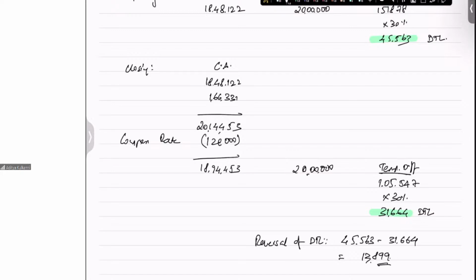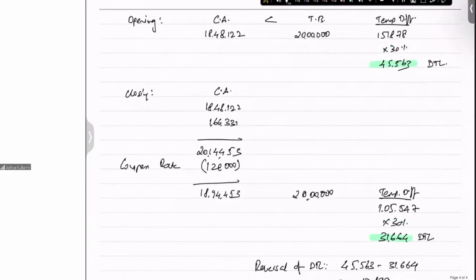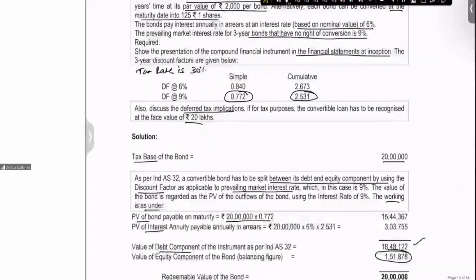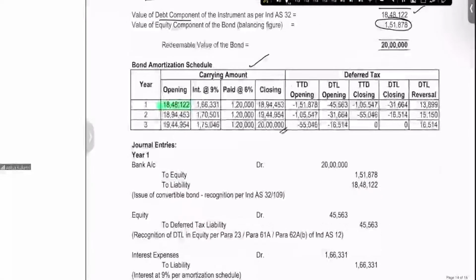Have you understood now? Yes. For tax purposes, the amount does not change. 20 lakhs remains at 20 lakhs. All right. So this is year 1. Same thing will happen in year 2.